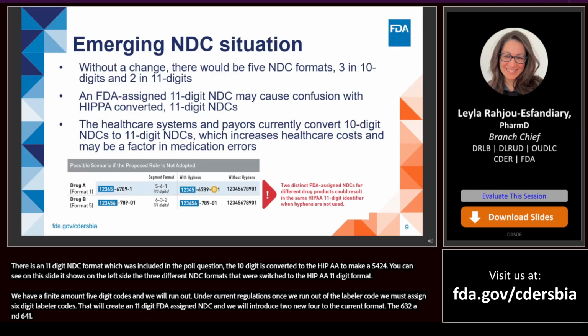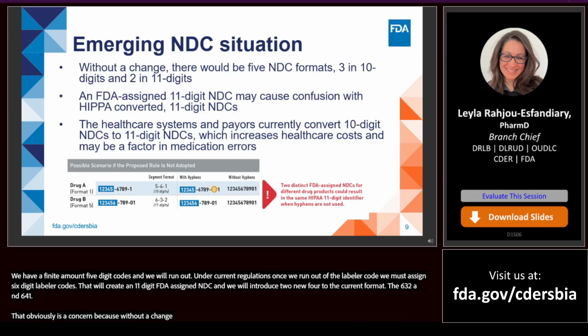That obviously is a concern because without a change, we will have 5 different NDC formats in FDA, and an FDA-assigned 11-digit NDC may be confusing with a HIPAA-converted 11-digit NDC.